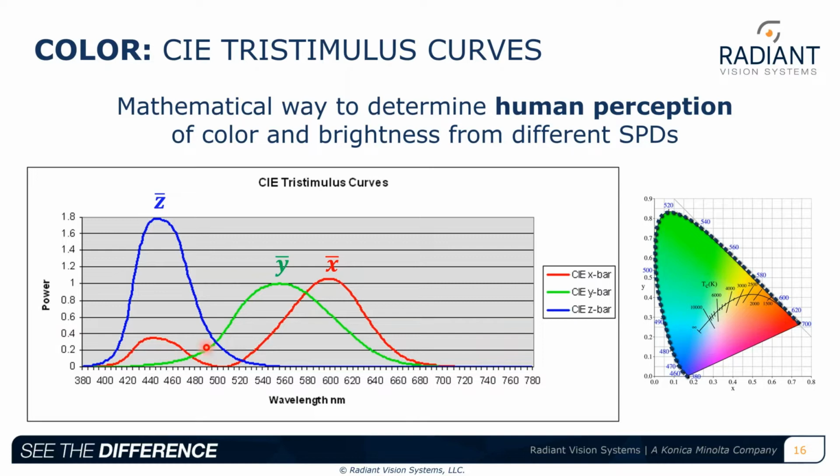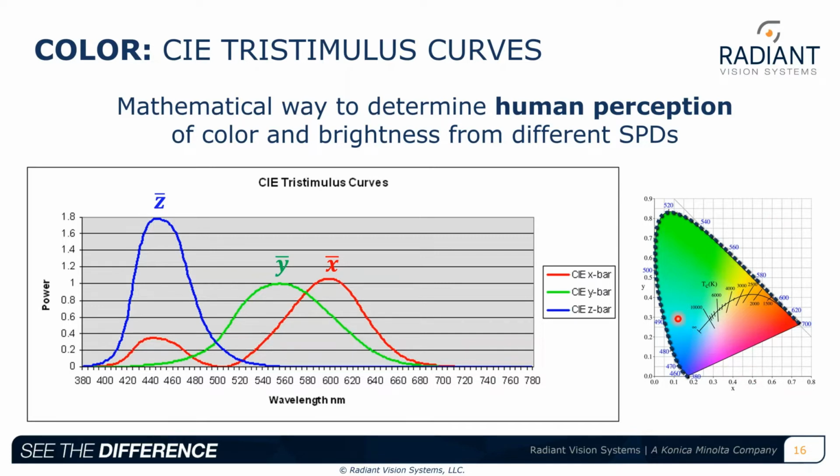Starting out, this plot right here in the middle, y-bar, is the same as the photopic response. When we use these three tristimulus curves, the y-bar is what we use to determine the brightness and overall response to the light, and then we add in the x-bar and z-bar, and together using these three curves, we're able to define the color.